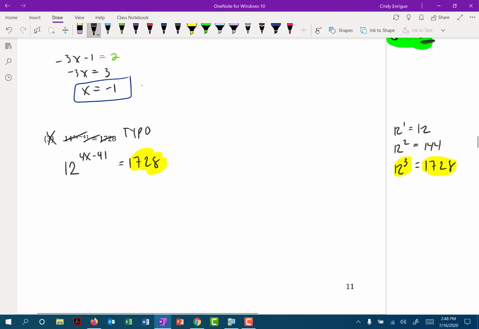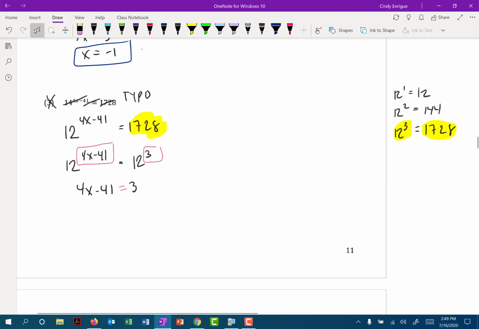So I'm going to rewrite this. So I still have 12 to the 4x minus 41, and I have 12 to the third power, since that's equal to 1728. So now I can set my exponents equal to each other. So I have my 4x minus 41 is equal to my other exponent, which is 3.